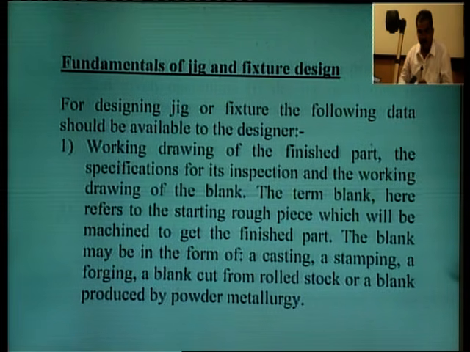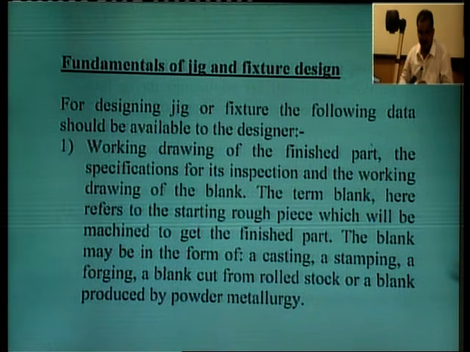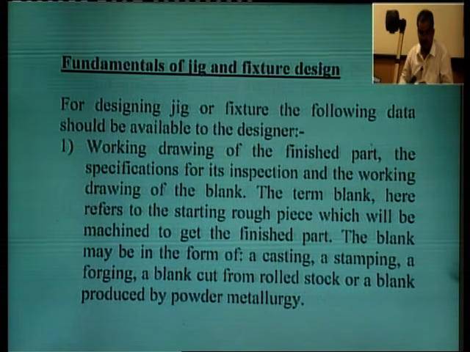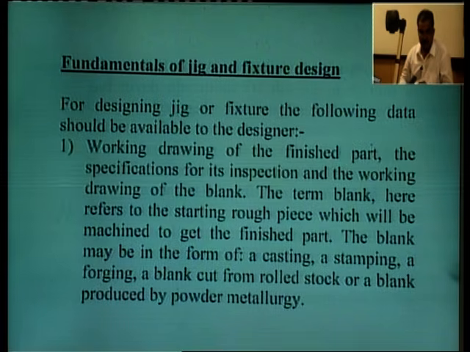The term blank here refers to the starting rough piece which will be machined to get the finished part. The blank may be in the form of a casting, a stamping, a forging, a blank cut from the rolled stock, or a blank produced by powder metallurgy.